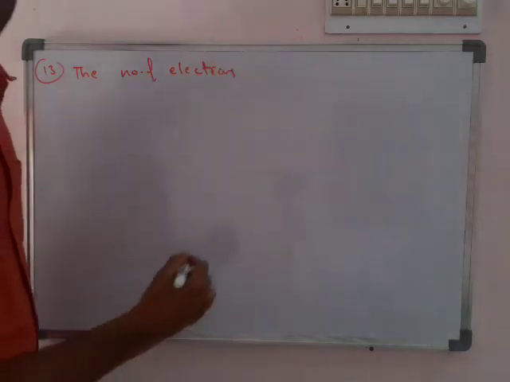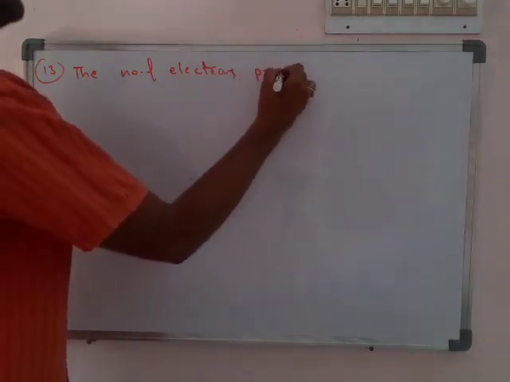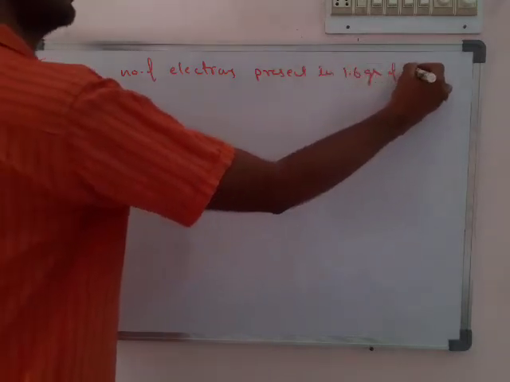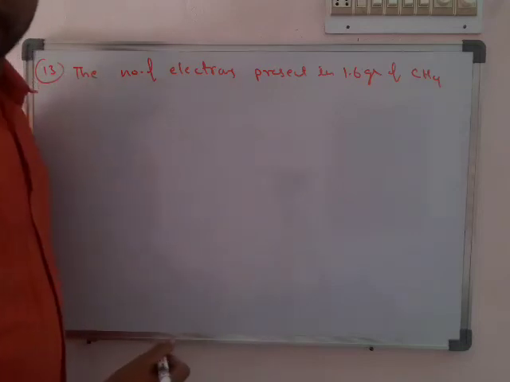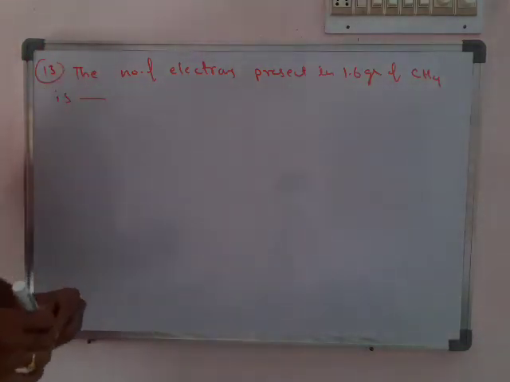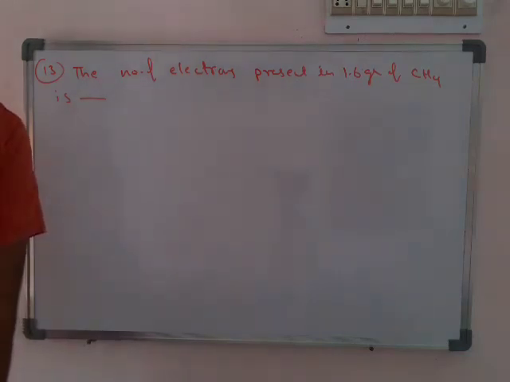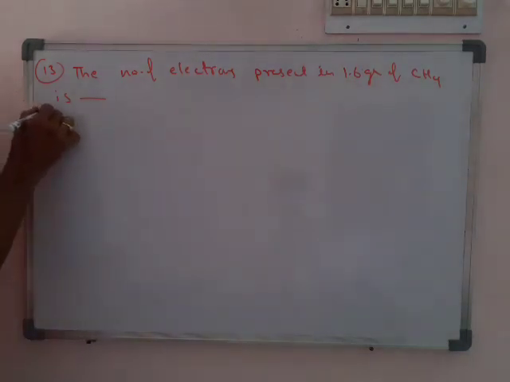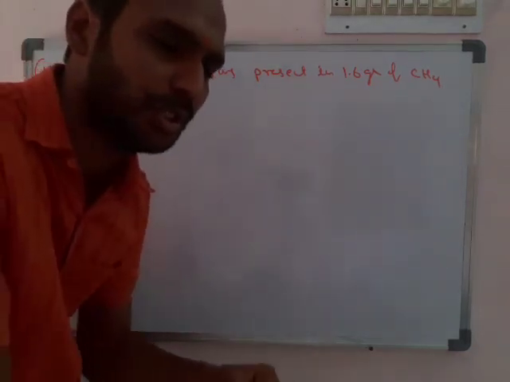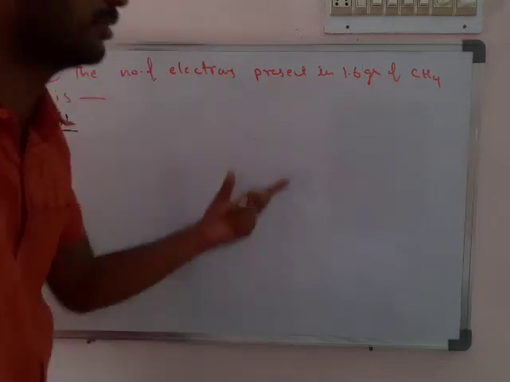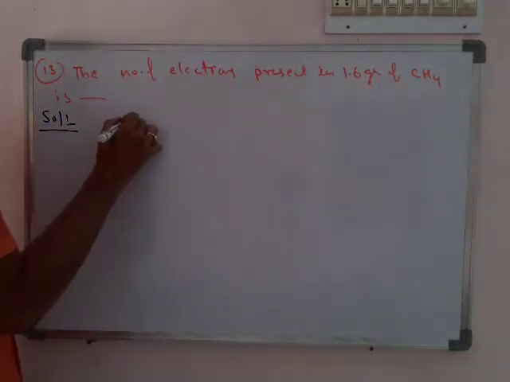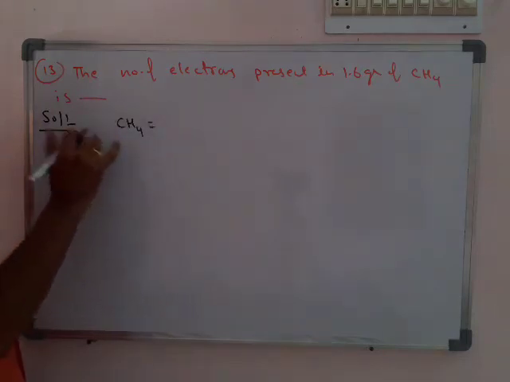The number of electrons present in 1.6 grams of methane is dash. Here we have to do a normal calculation. 1 mole of methane means how many electrons?